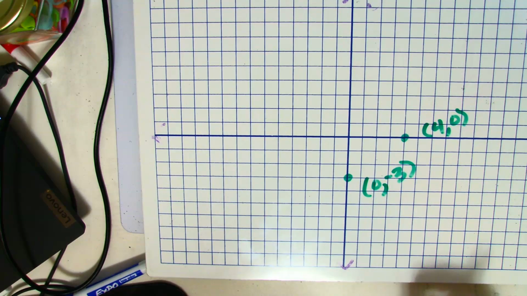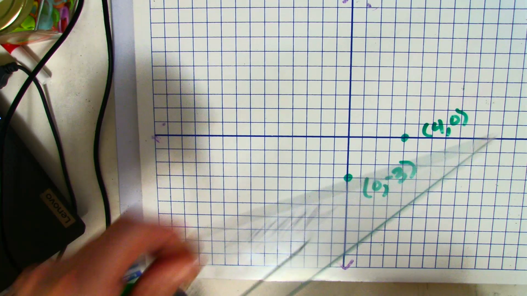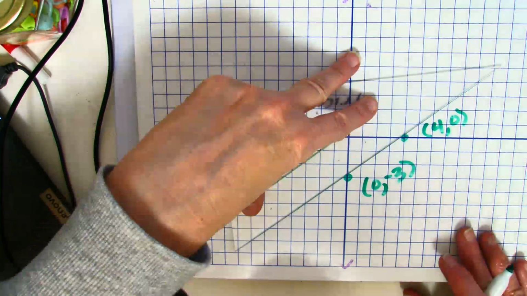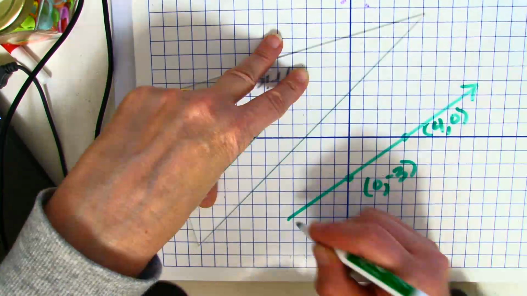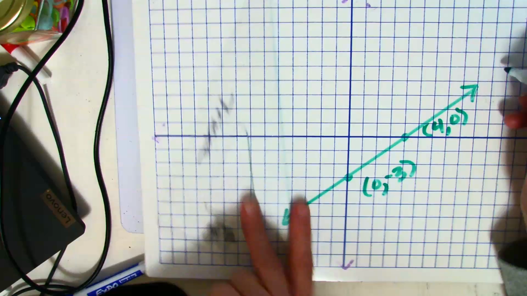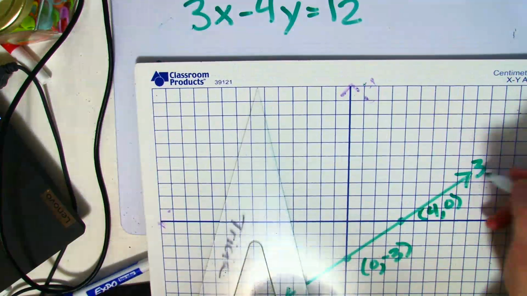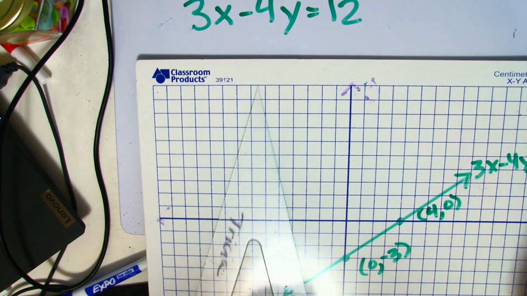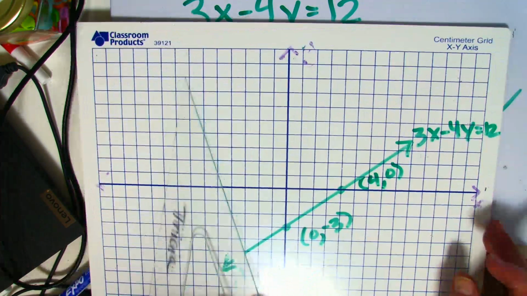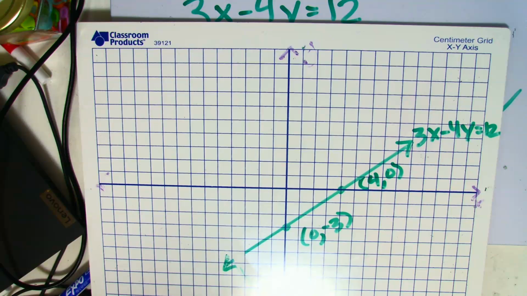Then I'm going to take my straight edge or ruler, connect these 2 points, and draw a line. And write my equation next to my line. Remember, you need at least 2 points to make a line.